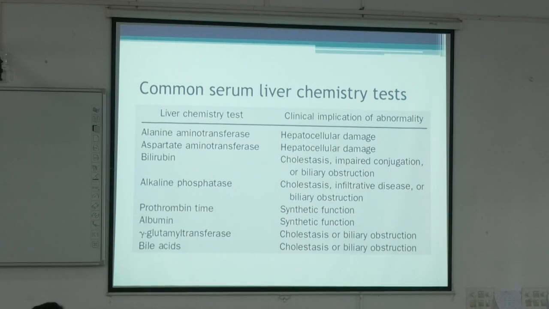To put it in short: alanine aminotransferase, hepatocellular damage; aspartate aminotransferase, hepatocellular damage; bilirubin, cholestasis, impaired conjugation, or some obstruction in the bile pathway; prothrombin time, synthetic function, blood clotting function; albumin, synthetic function, maintenance of hydration of blood space; gamma glutamyl transferase, cholestasis or biliary obstruction at the site of large canaliculi; bile acids, cholestasis or biliary obstruction at the hepatocyte itself.